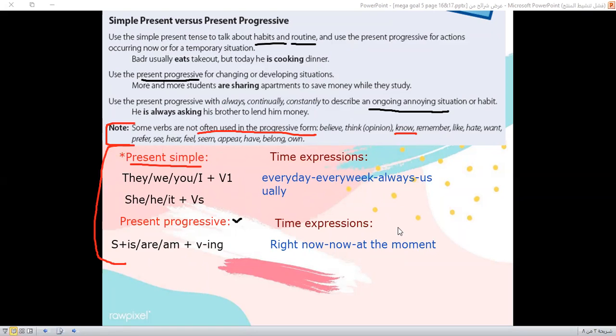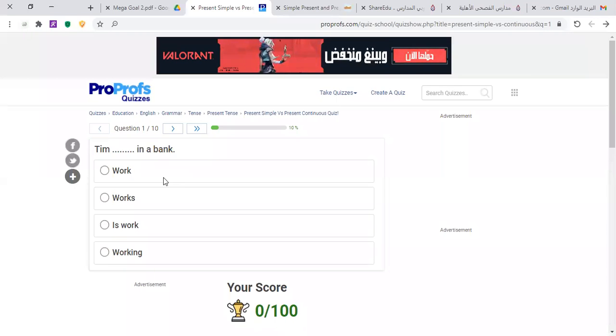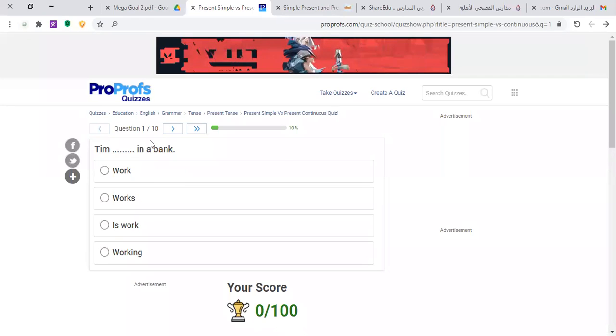Okay, I will give you something now. Here we have a website that you can use.